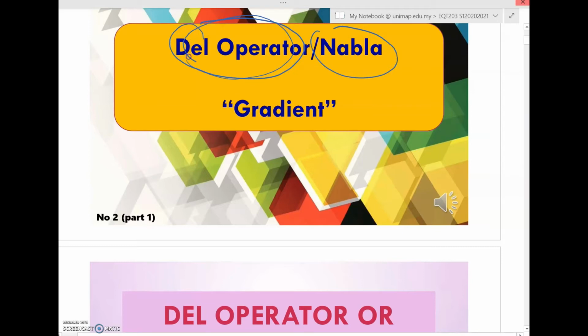When the del operator operates on a scalar function, it will become a new equivalent function. When the del operator operates on a vector function, it will become another new equivalent function.